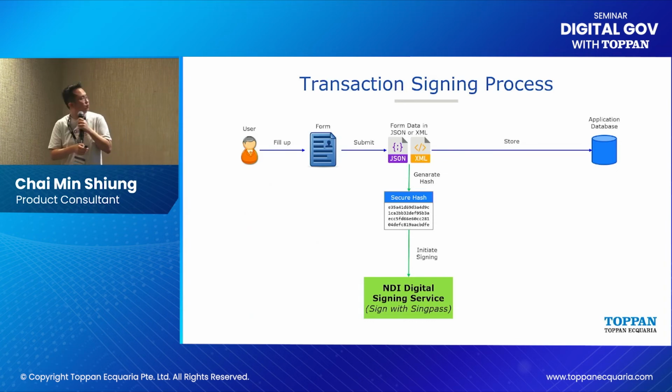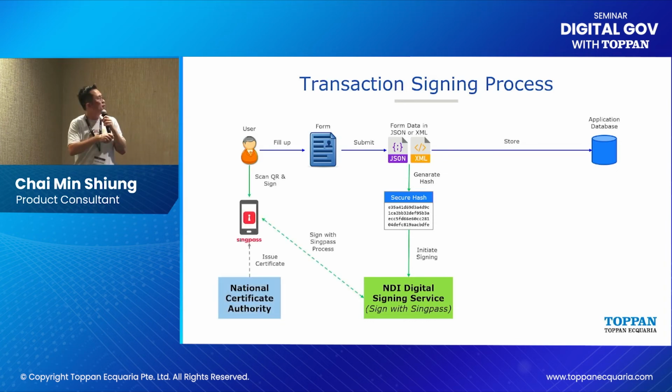Next step, your application needs to show a QR code so that your user can go and scan it. The SingPass mobile app that this user has holds a certificate issued by the NCA, so it's unique to the user. Whenever the user signs with SingPass, he cannot say he didn't sign it because his name is there.